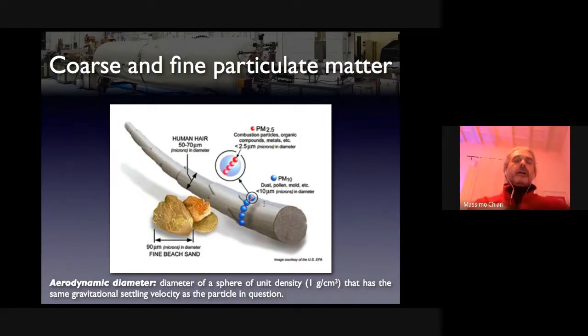Okay, environment for us means application to study air pollution, so to study particulate matter suspended in air. Maybe you are familiar with this terminology because it's often discussed in the news for what concerns the effect on health and other things.